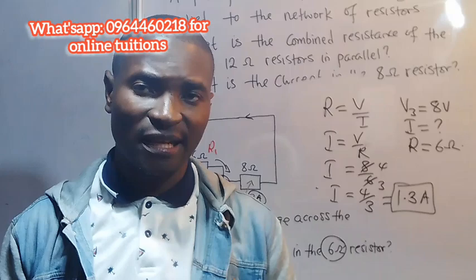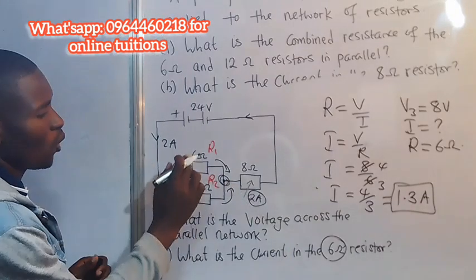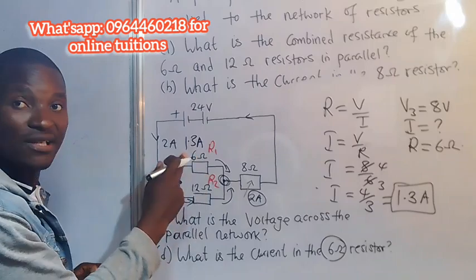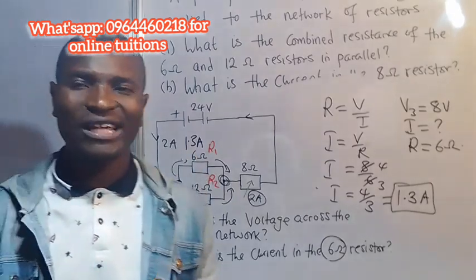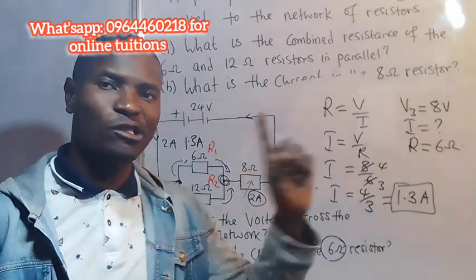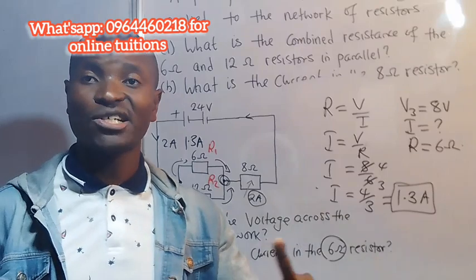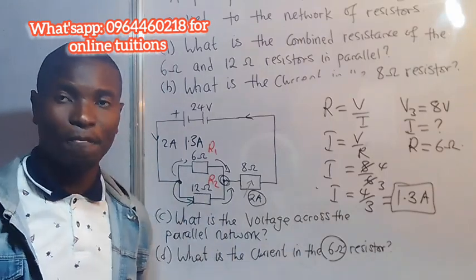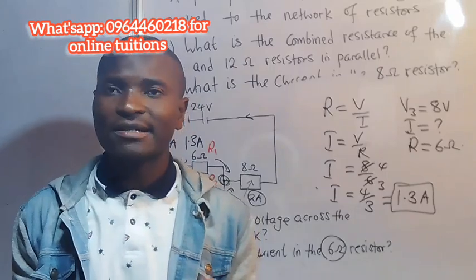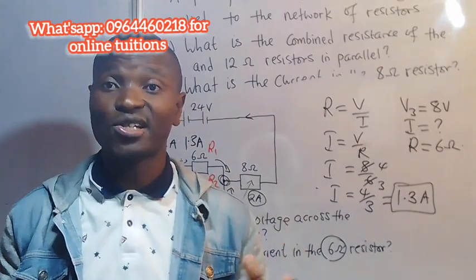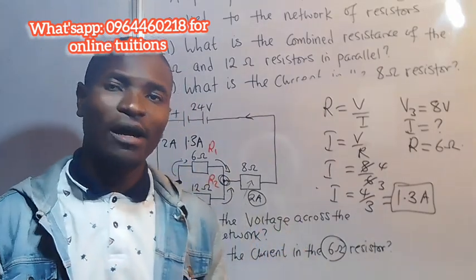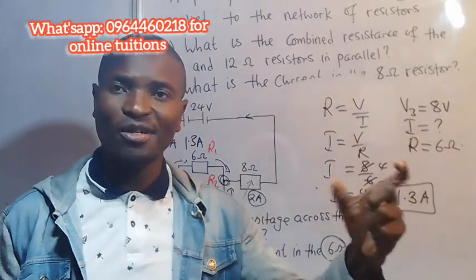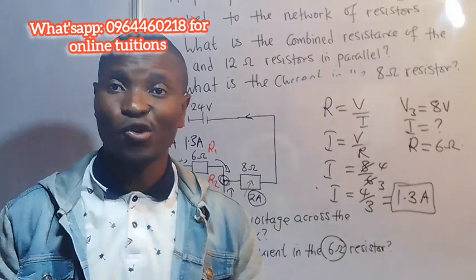Now, what does that mean? On this part, we have 1.3 as the current. Now, what do you think could be the current that is flowing to the other side, which is the 12 ohm resistor? You know that we have the total current, which is 2 amps, and we know that the current flowing on the 6 ohm resistor is 1.3.